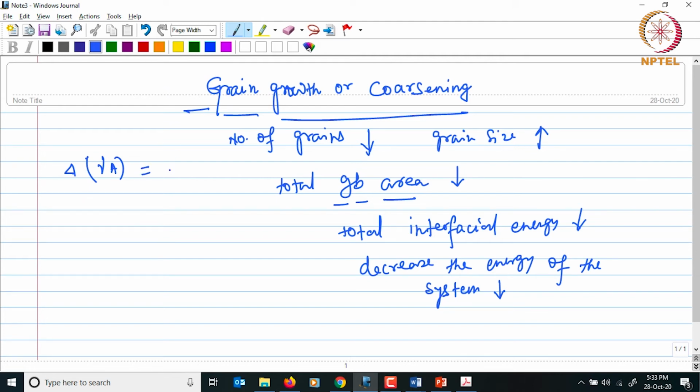One coming from the densification, that is delta gamma into A, and the other coming from the coarsening effect, that is gamma into delta A.